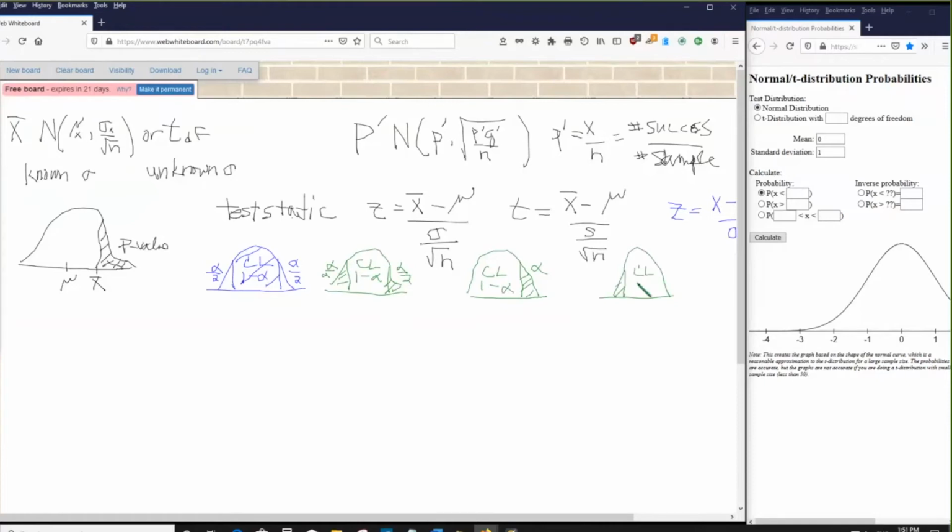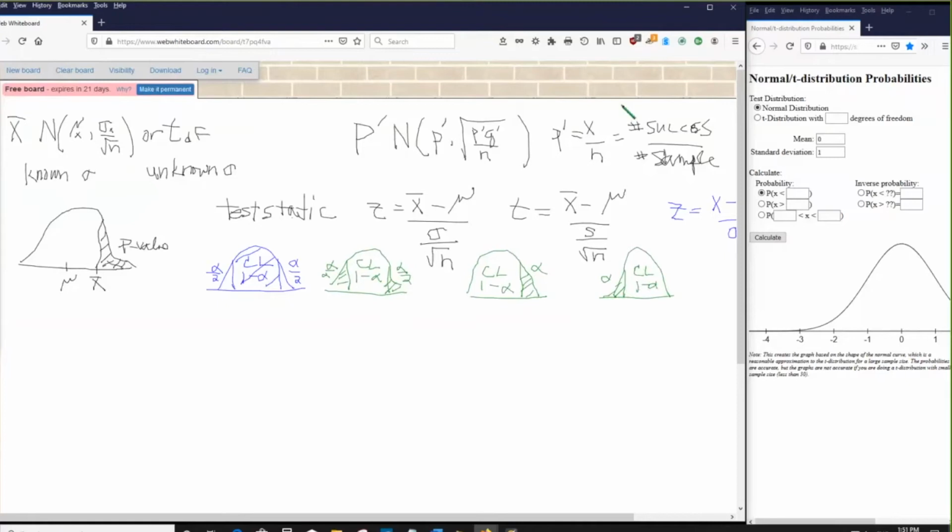But we're using the same basic formulas that we've done before. It's just being presented a little bit differently, and we're looking for a different part of the graph, but it's basically the same.